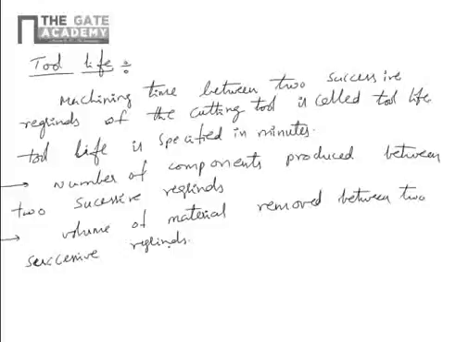So the machining time the tool is used before regrinding, or between two successive regrinds, is called tool life. Generally it is always represented in minutes.